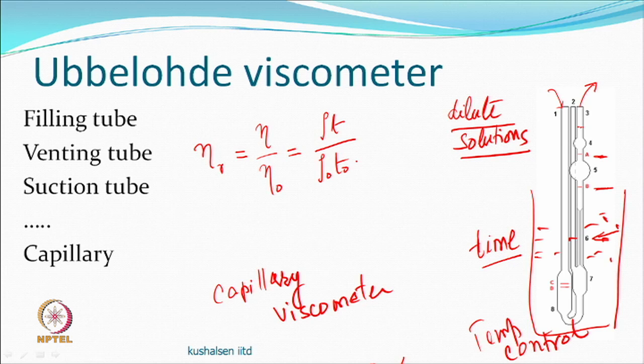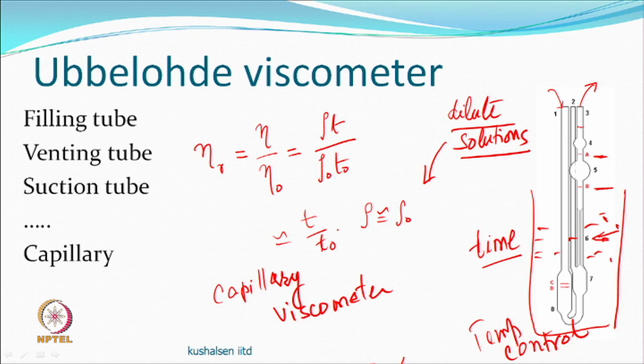So, t naught and rho naught for the solvent, and rho and t as density and time required for the solution. If it becomes more and more dilute, then the density of the solution and the solvent may become the same. What it means is, this particular thing can be almost equivalent to the ratio of the time taken, right.